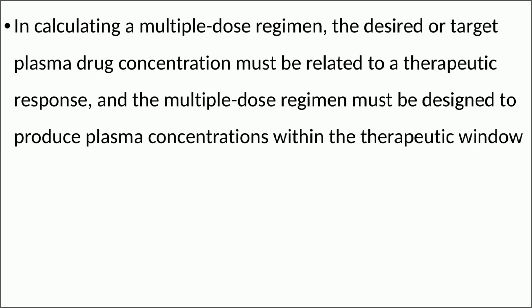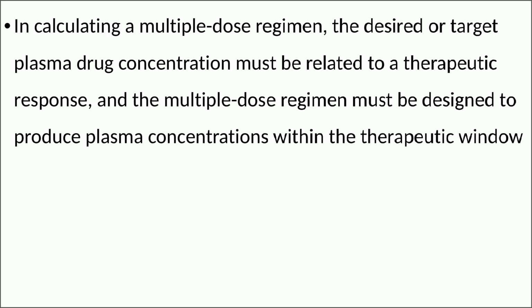Now, one thing we have to remember when we are calculating a multiple dose regimen: try to imagine a situation where a patient is having multiple disease and we are trying to diagnose and treat multiple disease at one particular point.